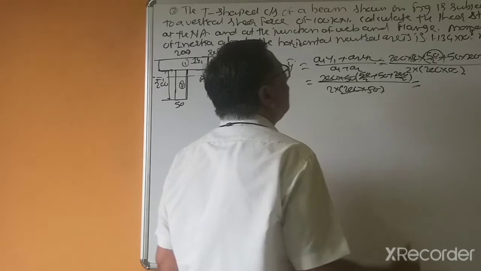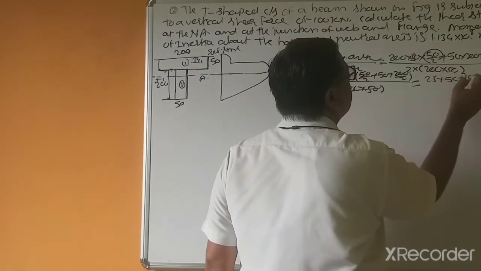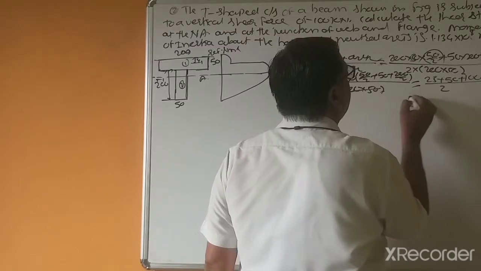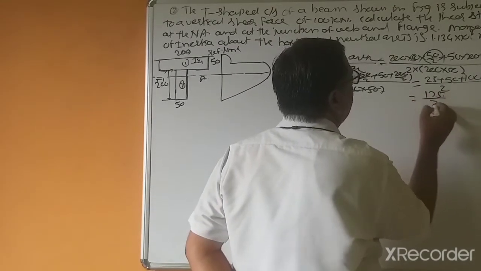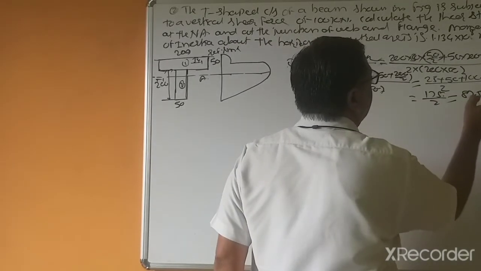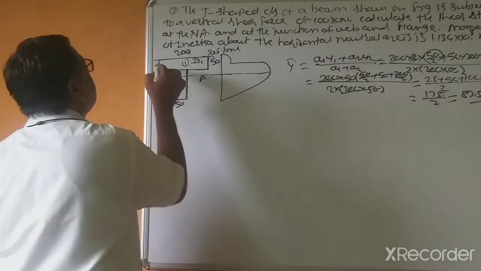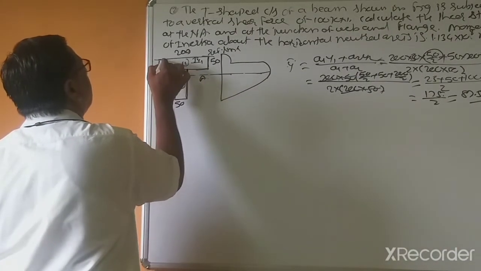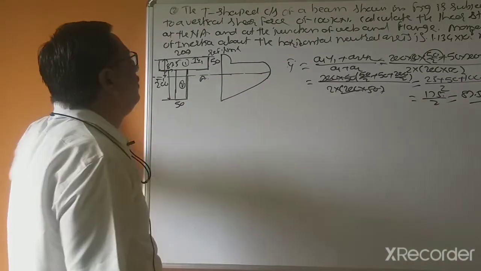So this is 25 plus 50 plus 100, divided by 2, 175 divided by 2 equals 87.5 mm. So this distance equals 87.5.